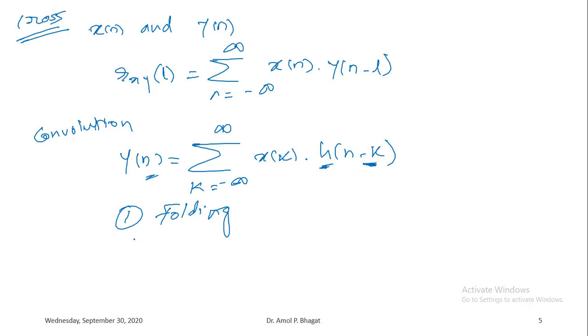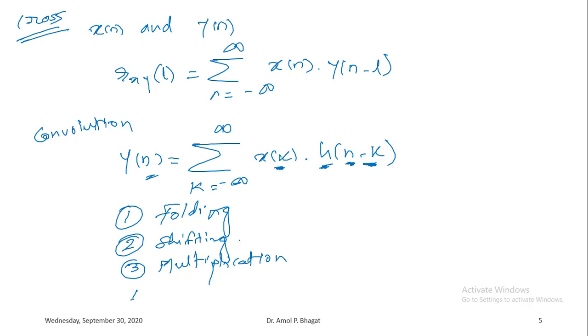So initially we performed the folding operation, next we performed the shifting operation, right? The folded sequence has been shifted by n samples. Next we performed the multiplication operation, so this impulse response has been multiplied with the input sequence.